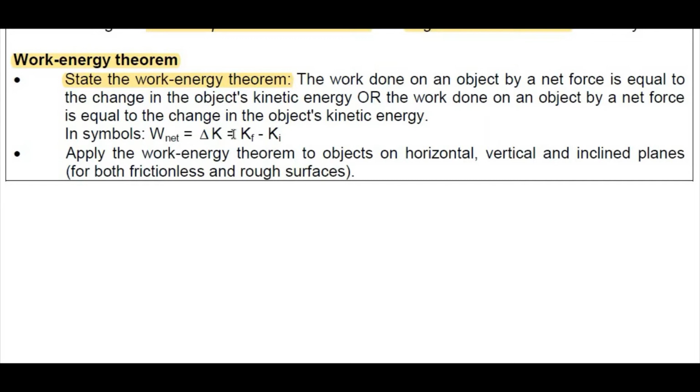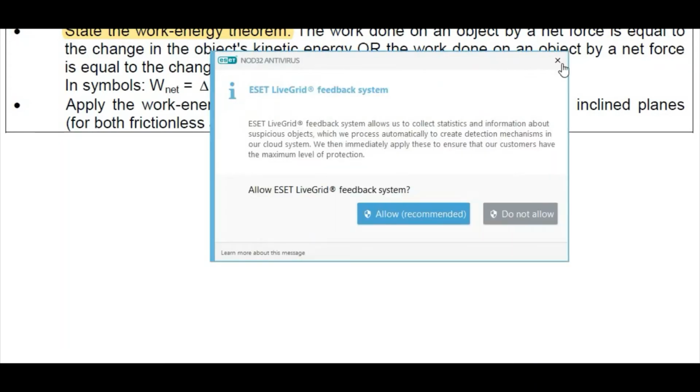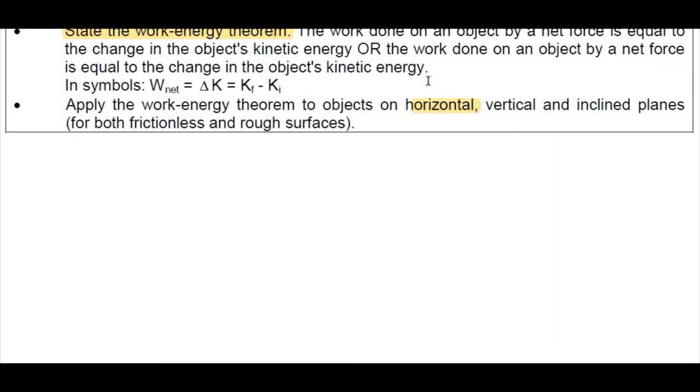A change in kinetic energy means the final kinetic energy minus the initial kinetic energy. Additionally, you should be able to apply the work energy theorem on objects on a horizontal surface, vertical, as well as inclined planes.